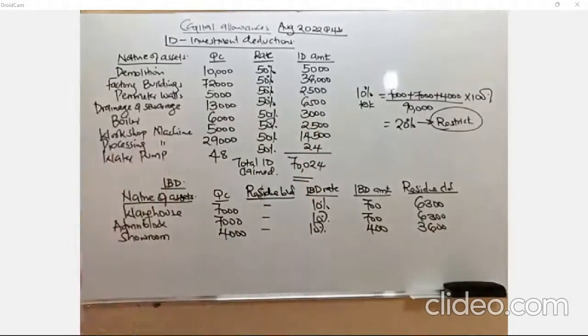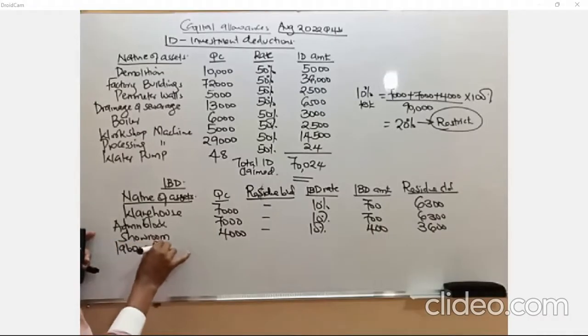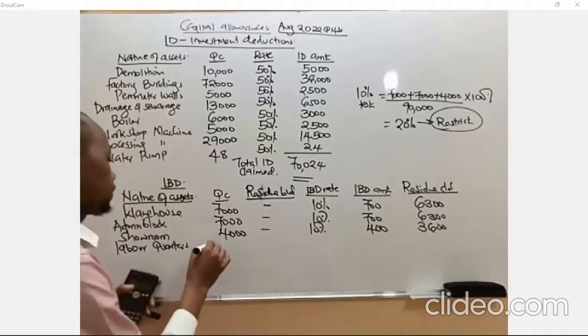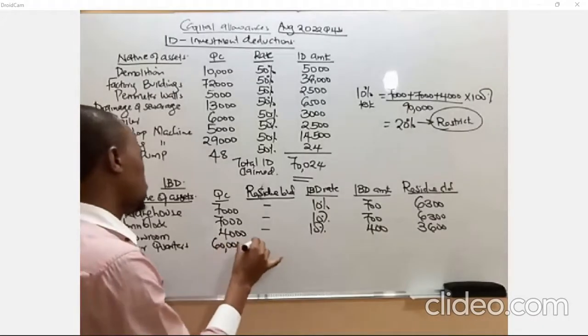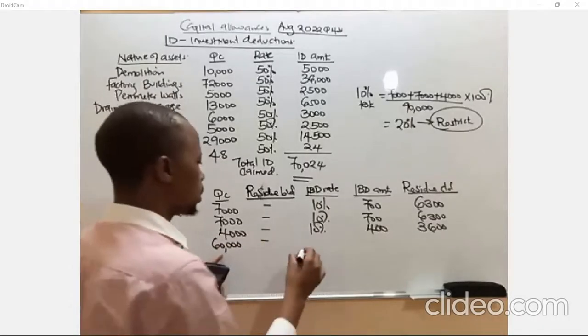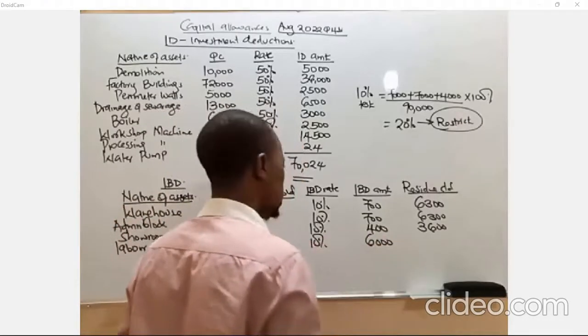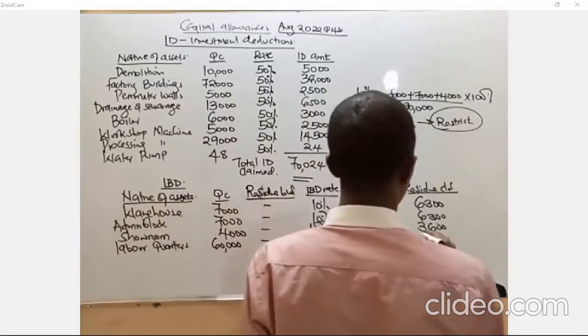Then I can be able to see, do we have any other assets? Yes, I remember on additional information number 1, we forgot labor quarters. So the labor quarters amounts to 60,000. 60,000 dash 10%, 6,000, correct? Then here we have 54,000.